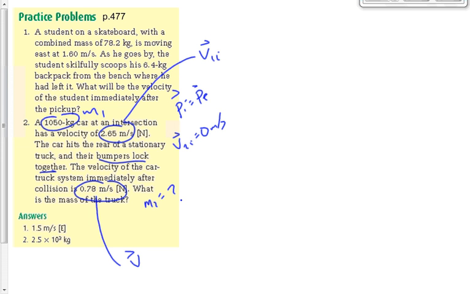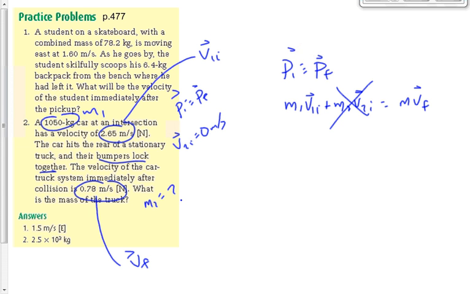It's just VF, yeah. Because they stick together, right? Same as it was in the last one. All right. So we got PI equals PF. We've got M1 V1 initial plus M2 V2 initial, two objects. One object afterwards, MVF, same as the first question, right? This disappears again, same as it did in the first question, because one of them was at rest.